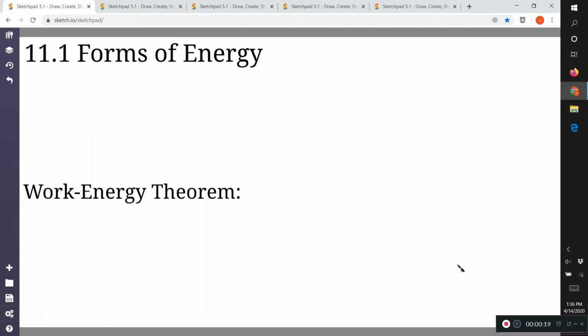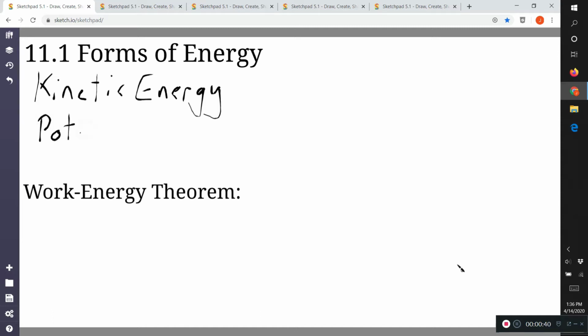So, forms of energy. We've already talked about one form that energy can take, and that's kinetic energy. Kinetic energy is the energy of motion. We're going to talk about that in great detail a little bit later. There's also potential energy, and more specifically, potential energy due to gravity.